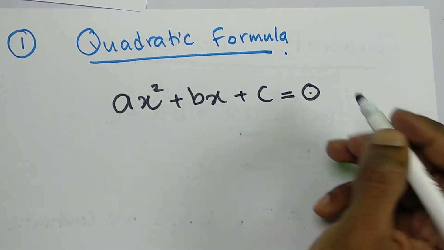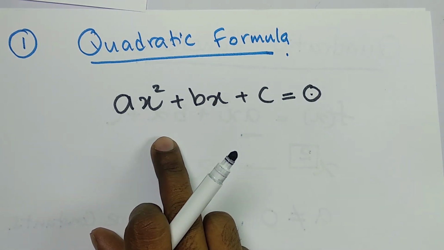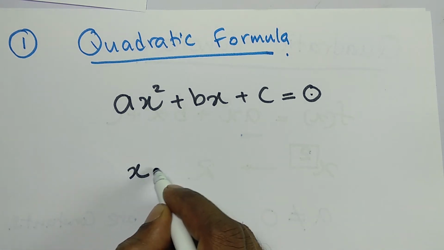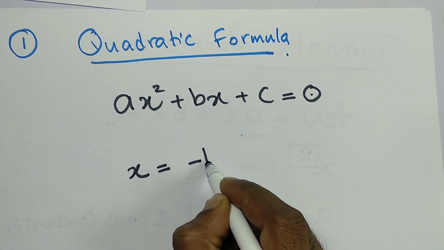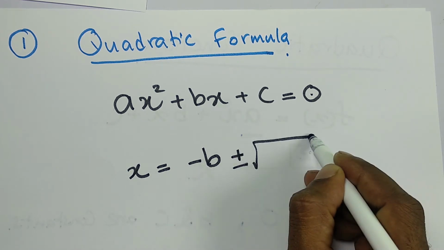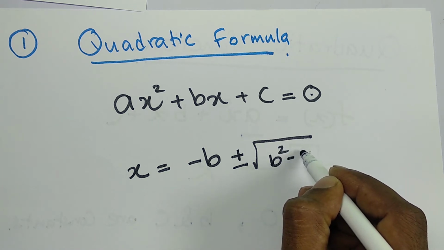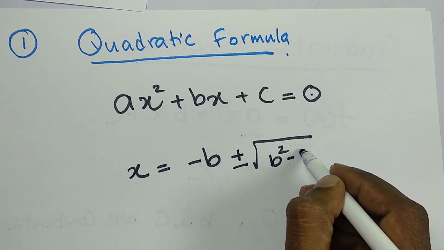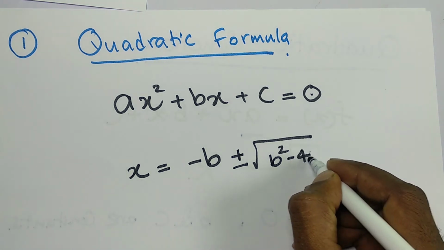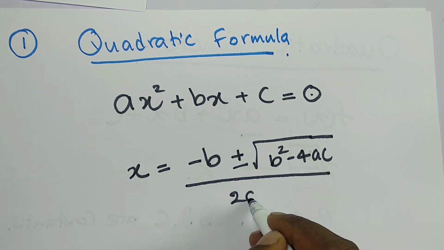The solutions of this quadratic equation are given as x equals minus b plus or minus square root of b squared minus 4ac, over 2a.